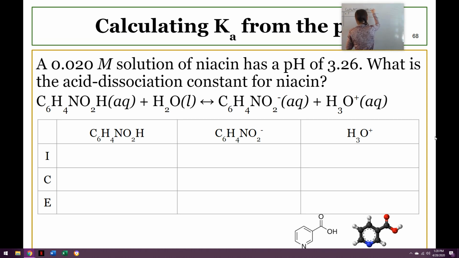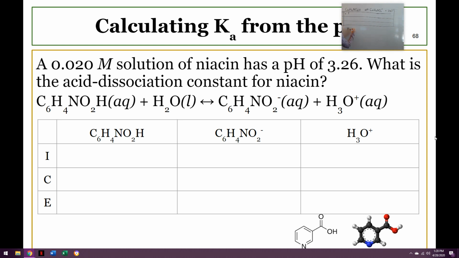And then we have on the other side C6H4NO2 minus without its acidic hydrogen. And then we have H3O. We need all of these values at equilibrium, not their initial concentrations, but at equilibrium in order to plug them into our Ka value.